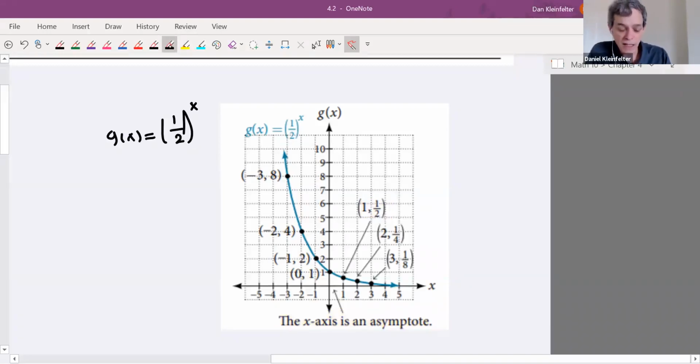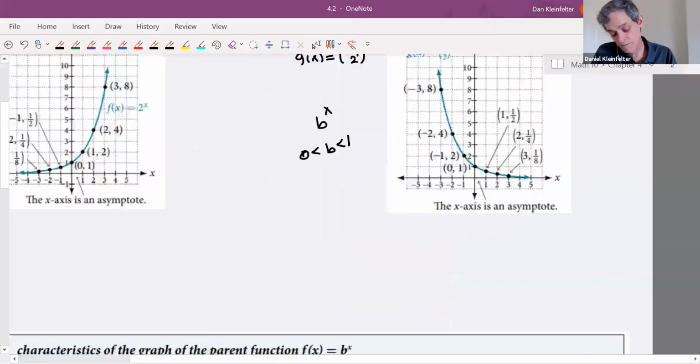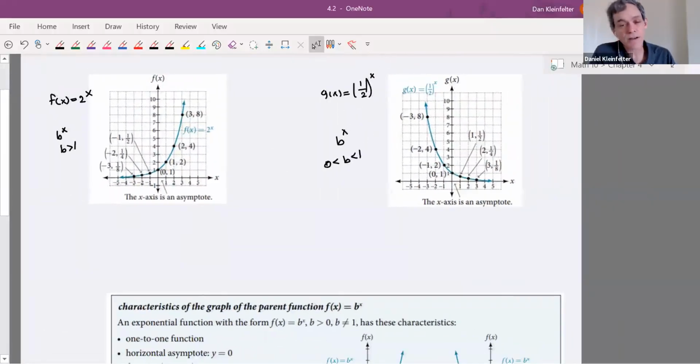It turns out that all of the functions b to the x, where b is in between 0 and 1, have that characteristic property that they're decreasing over time. So the exponential functions divide into two subfamilies, the increasing kind and the decreasing kind.